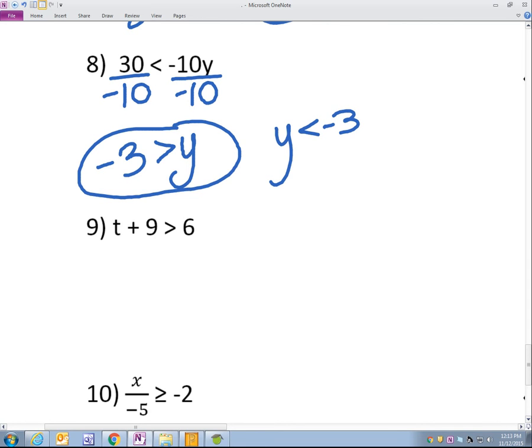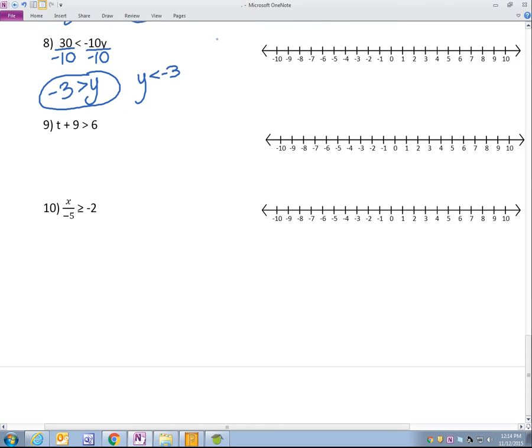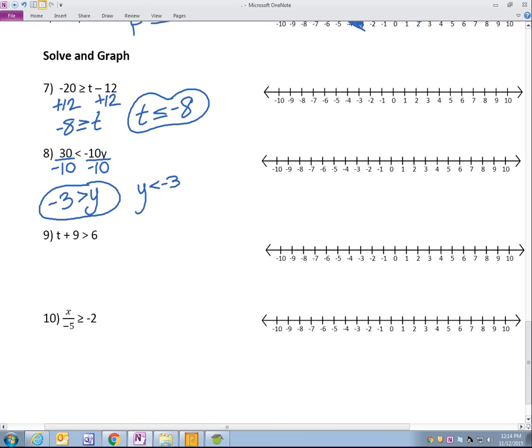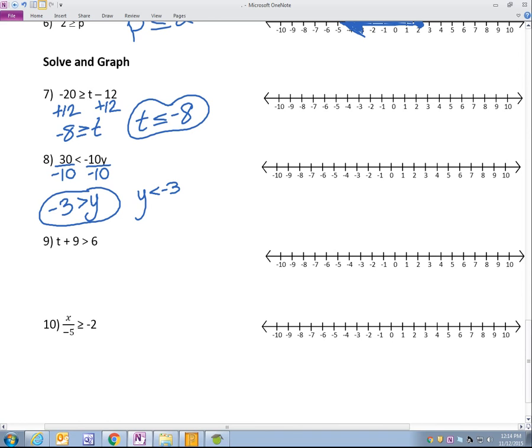Okay. Now let's graph those. So we have t is less than or equal to negative 8. First off, I'm going to circle that negative 8, and I look at my inequality symbol again, and that is also including the negative 8, so I'm going to fill that circle in.